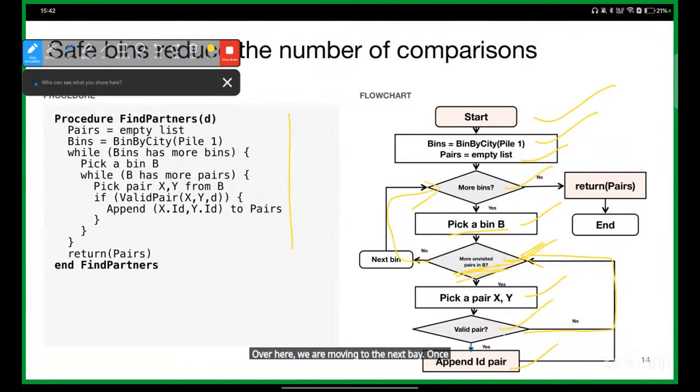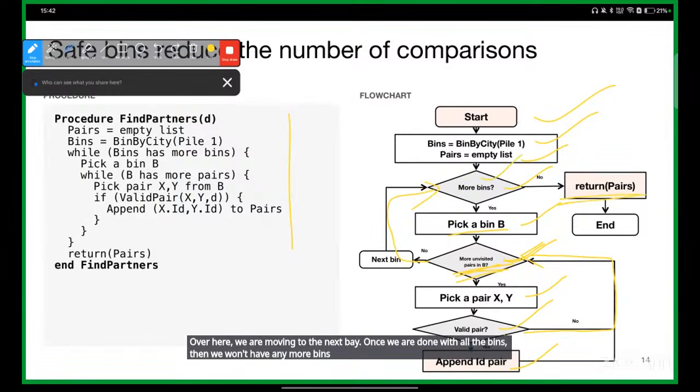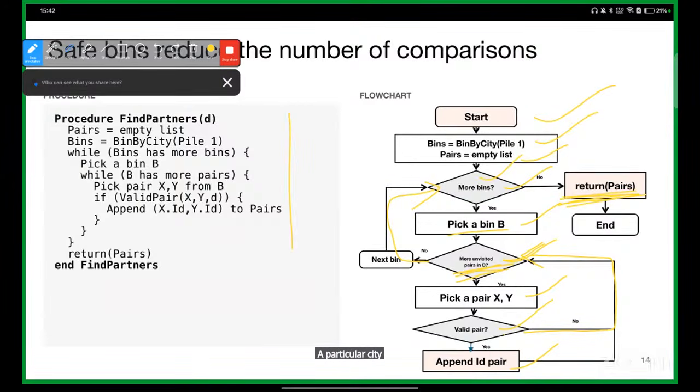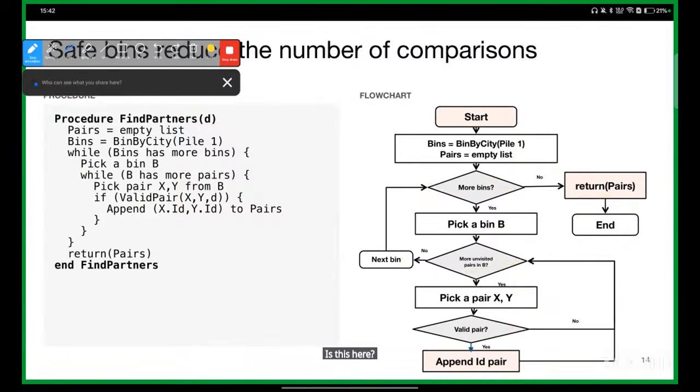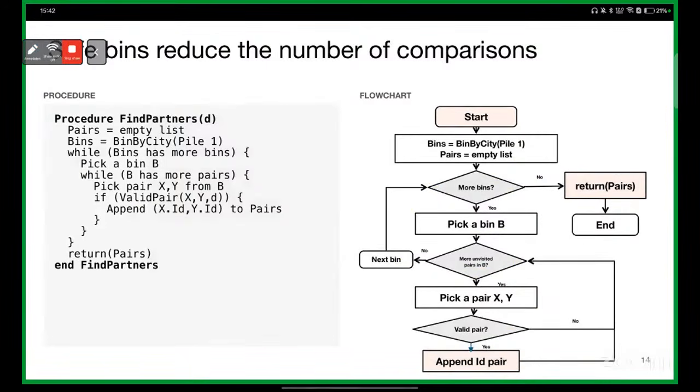Once we are done with all the bins, we won't have any more bins and we can return pairs. That list will contain all the pairs of students who are from a particular city and whose score difference is at most 50. So pairs will contain all the pairs. Is this clear? Yes, sir.